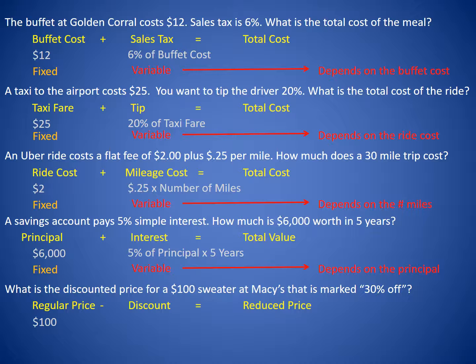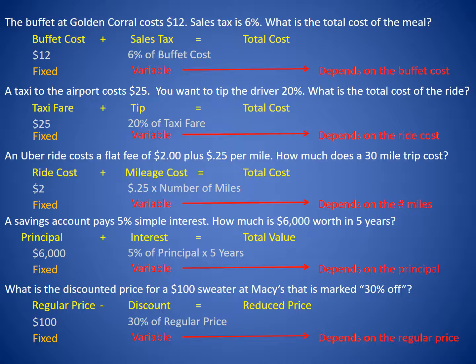Lastly, the sweater. So the regular price, it's a fixed amount, right? It's $100. The discount, and most of you are probably familiar with how a discount is calculated. In this case, when they say 30% off, it's a percent of the regular price. So again, just like in all the other problems, even though they look a little bit different, they have that in common where one of the components here is a variable component. Again, because it depends on one of the other numbers in the problem.